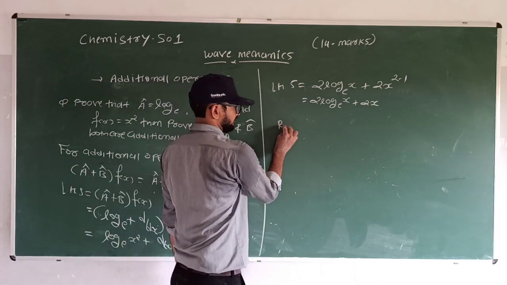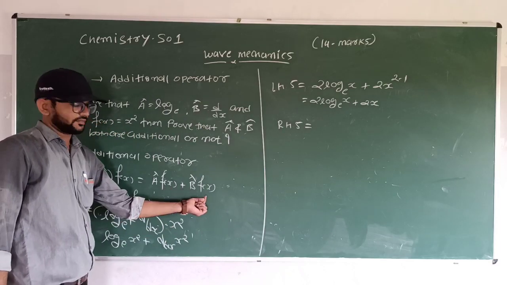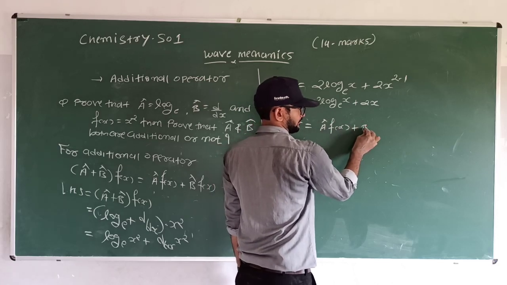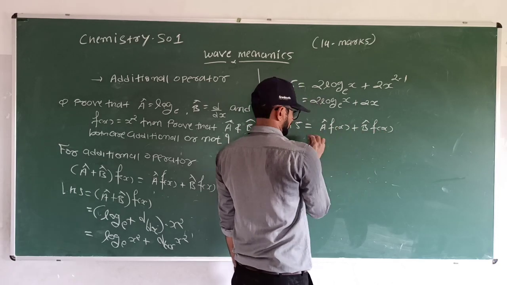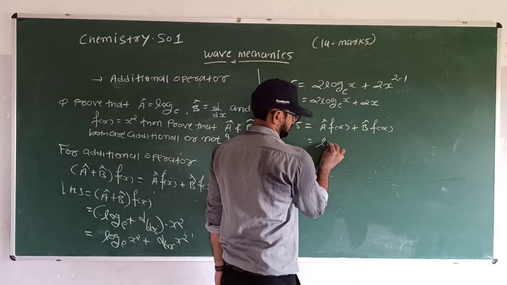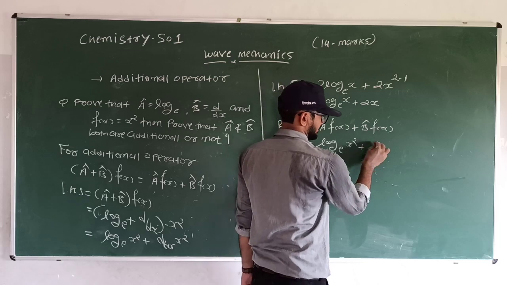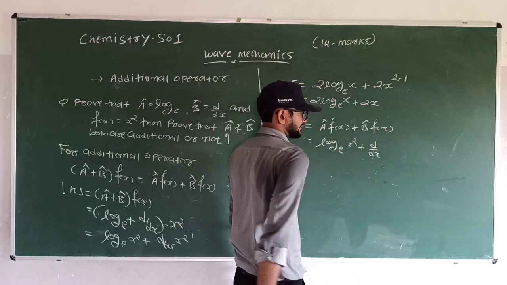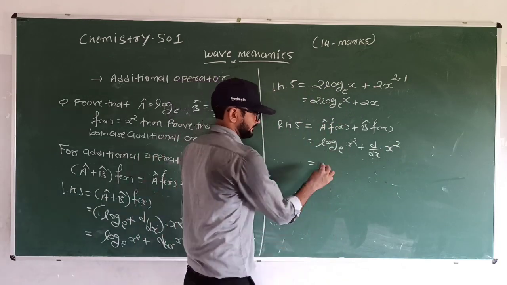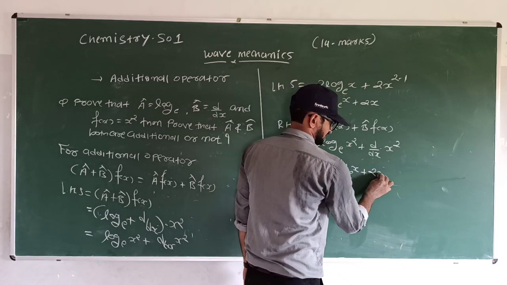Now the value of RHS. The right hand side is A cap f(x) plus B cap f(x). Now the value of A cap is log base e into f(x), which is x squared, plus B cap is d/dx of f(x), which is x squared, and this is equal to 2 log base e x plus 2x.